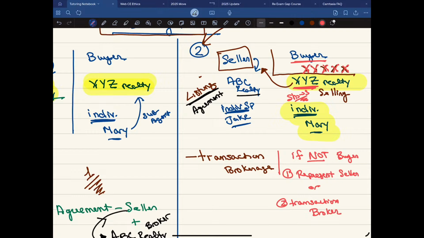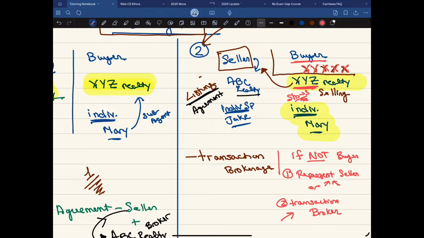It really depends on the state you're in. Some states don't have transaction brokerages, or there are different names, like facilitator, things like that. Some states don't let the seller have 2 agents.